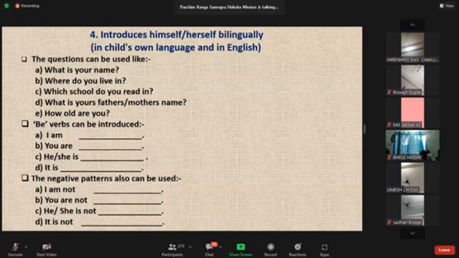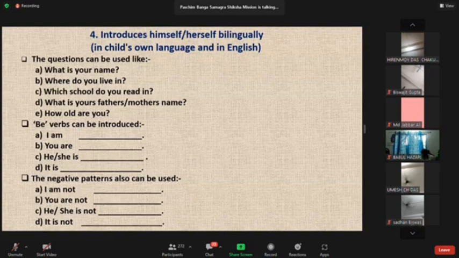And whenever we are introducing these be verbs, if possible, not compulsory, we can introduce the negative patterns also, but not saying that these are negative sentences. Not that. We are only putting a not in the sentences which we have already made them know. I am a girl. He or she knows that I am a girl.